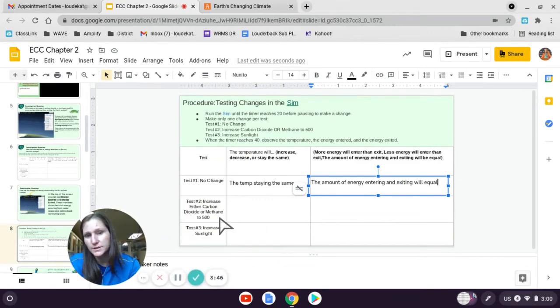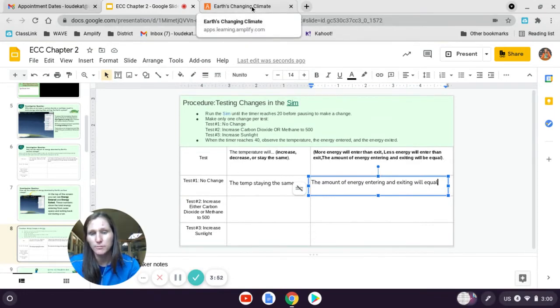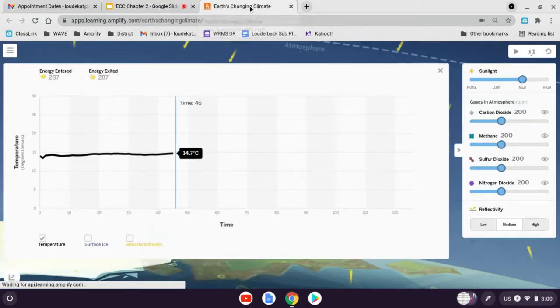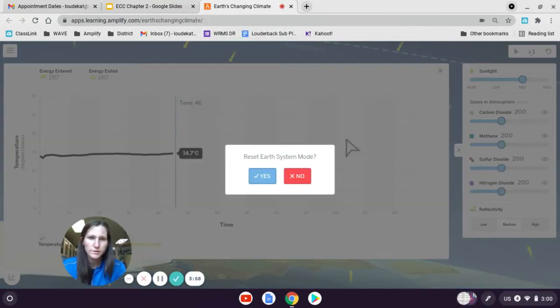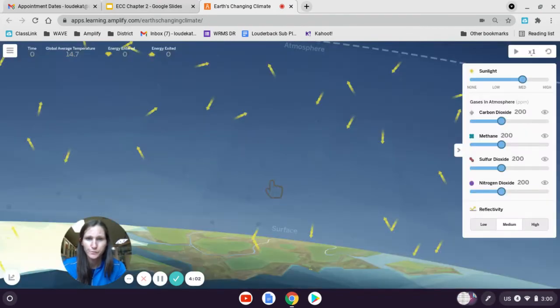Then for tests 2 and 3, you're going to manipulate the sim. You can choose on test 2 to do carbon dioxide or methane, and you just increase it to 500. So always reset the data by clicking on the little circle on the top right-hand corner. If you want to do carbon dioxide, you can move it to 500. Always click the eye icon so you can see the atoms moving.